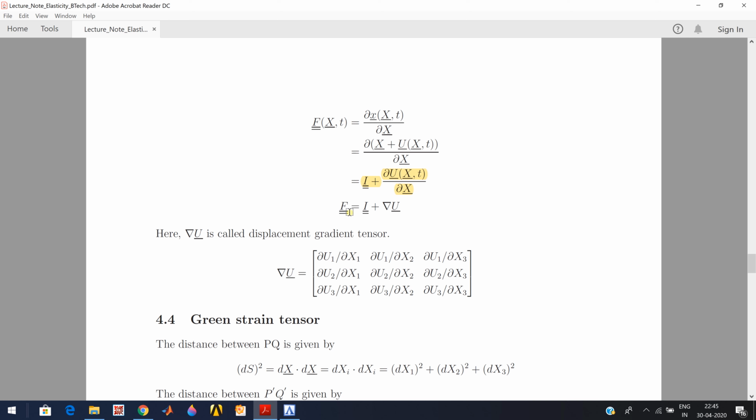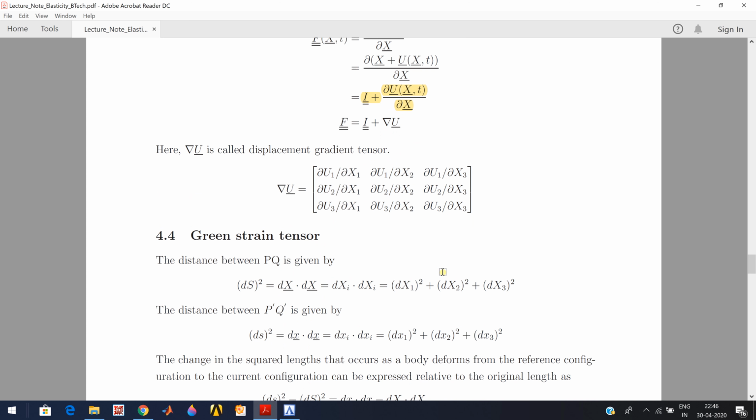Now simply we get this relation: the deformation gradient tensor is equal to the identity tensor plus the displacement gradient tensor. Okay, whereas the displacement gradient tensor is defined as this. It is the partial derivative of u1, u2, u3 with respect to capital X1, X2, and X3 arranged in this way. So this is known as the displacement gradient tensor.